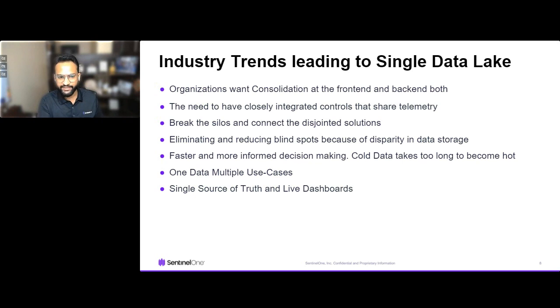One other aspect I would say is that earlier the industry had a concept of hot data, warm data and cold data. After storing the hot data for a bit, the data goes off for offline retention and so on. But because of this approach, decision making was very slow, because cold data takes too long to make hot and to derive intelligence out of it.